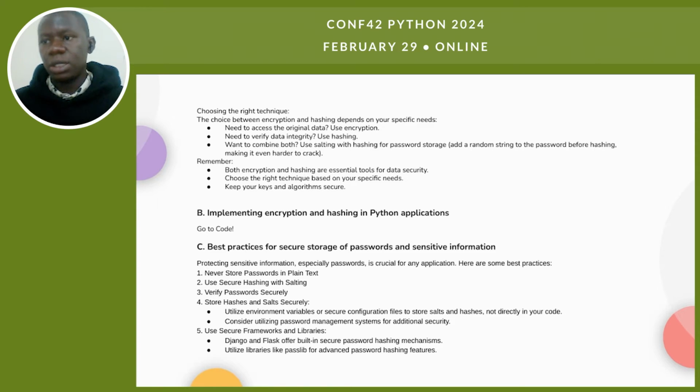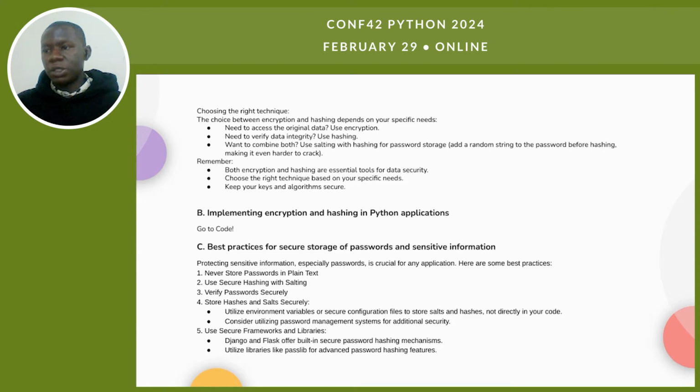Here are some practices. Number one, never store passwords in plain text. Never do that. Use secure hashing with salting, just like I showed you, and verify passwords securely. Store hashes and salt securely. Utilize environment variables or secure configuration files to store hashes and salt, not directly in your code.